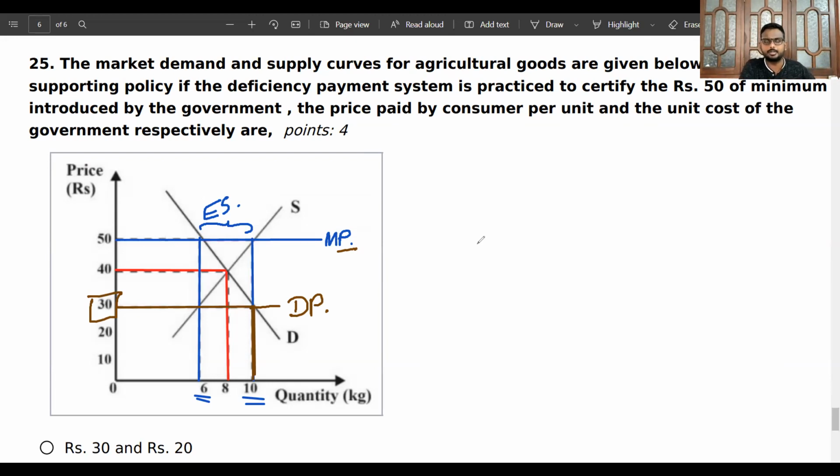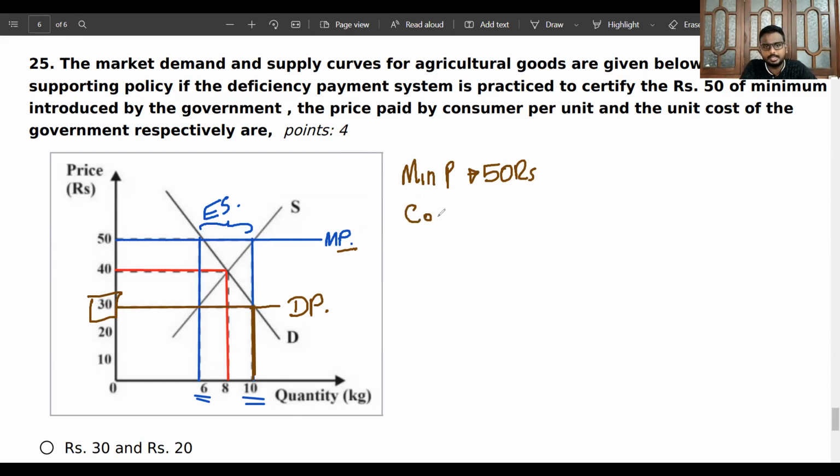So government will tell producers, okay, you sell off all the products at the discounted price of 30 to the consumers. That means somehow you have sold off all your 10 units at 30 rupees. But as the government, I promised you what? The minimum price was 50. So the government promised producer 50 rupees.